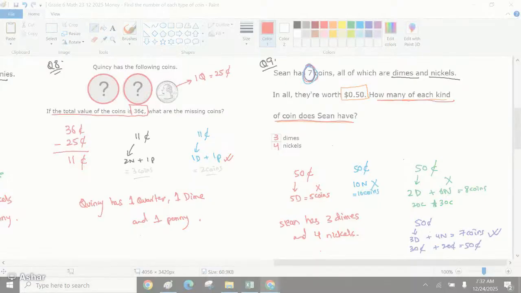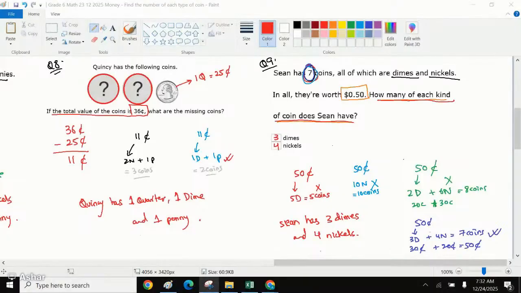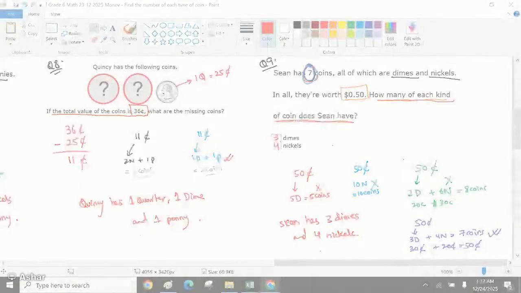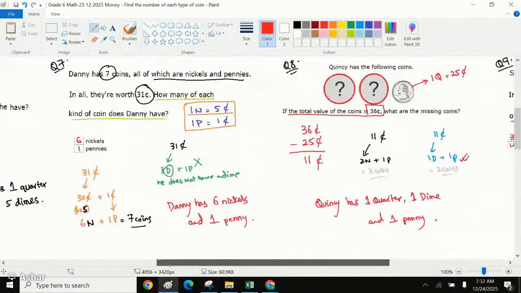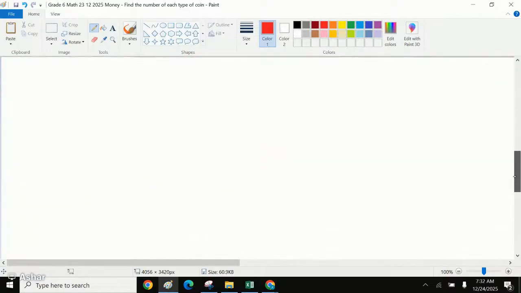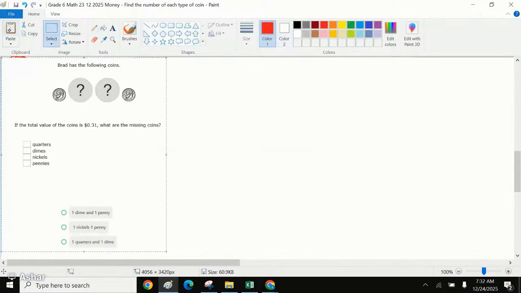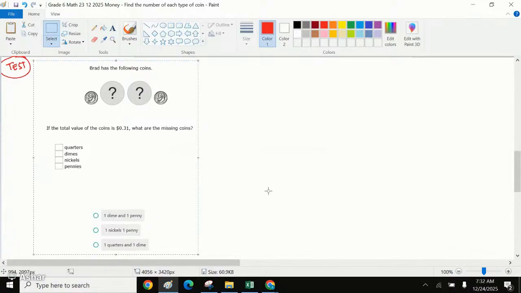I'll just bring this. The question says Brad has the following combination of coins. We would copy. Let's go to the test. Question number 1 from the test. I'll just give the heading that we are doing the test so that you have it for your record. And this is the first question that's given to us from the test.